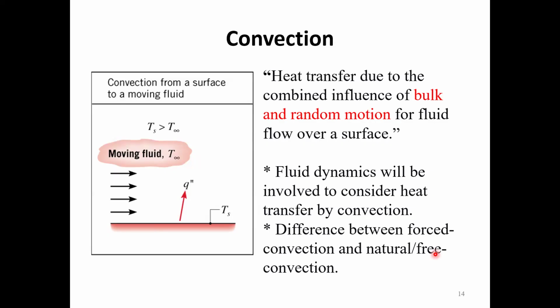And there is natural convection as well. Say, for example, if you are boiling water in a kettle, you're not forcing the fluid to move, but as the bottom of the kettle heats, as you know, as the temperature of a fluid increases, its density also changes.